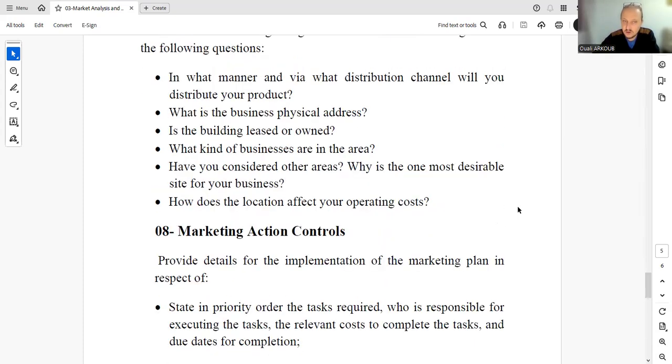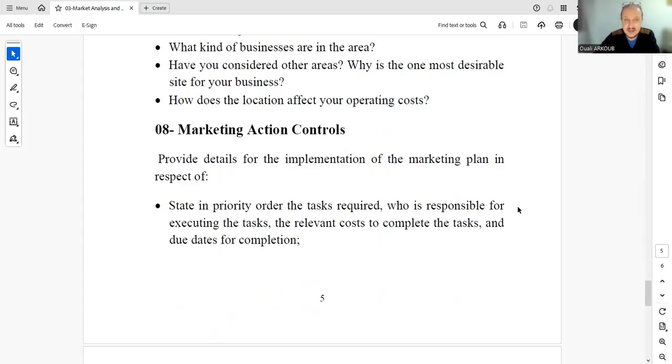Also, another element which is very important in marketing is marketing action controls. Provide details for the implementation of the marketing plan in respect of: first, state in priority order the tasks required. Who is responsible for executing the tasks? The relevant costs to complete the tasks and due dates for completion.